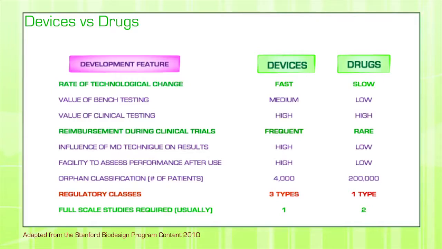In this sense, for example, the rate of technological change in devices is much faster than drugs. And this is actually related to the amount of data, clinical data and research required to bring a new drug to the market. Even though a new device can come every single year for the same purpose with a little tweak or a little difference to have more competitive advantage in this space, a new drug is quite uncommon to come.